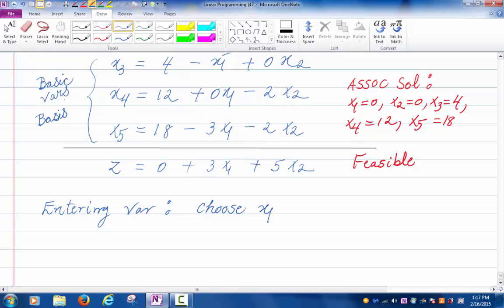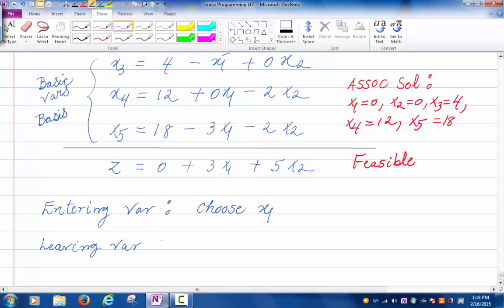One of the non-basic will go into basic, and one of the basic will go into the non-basic side. So your basis is going to change. Now I have to choose a basic variable to become non-basic. That means I have to kick out one of the basic variables from the basis. So I'm choosing a leaving variable now.